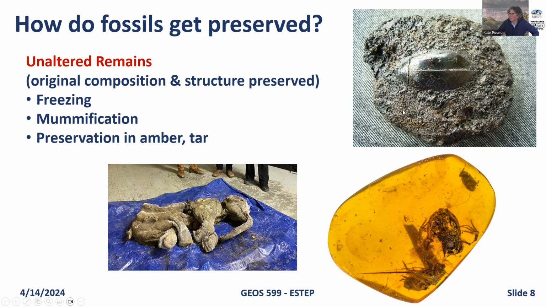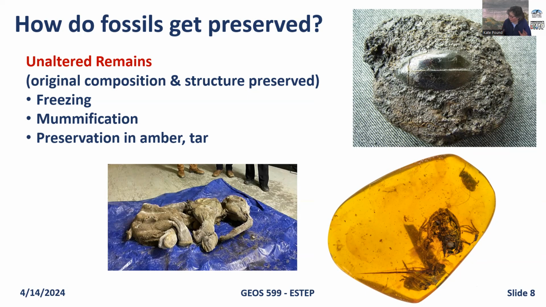Another example of unaltered remains is when organisms get trapped in tar, or you can just think petroleum material. One of the most wonderful examples is the La Brea tar pits in LA. So in the middle of LA, there is this area called the La Brea tar pits.